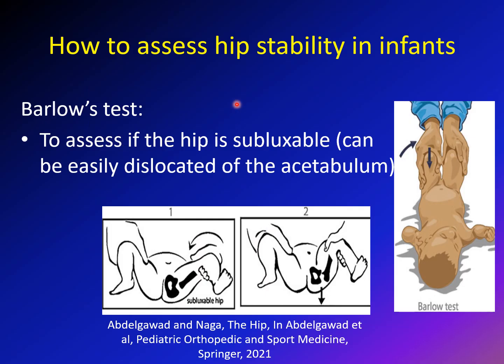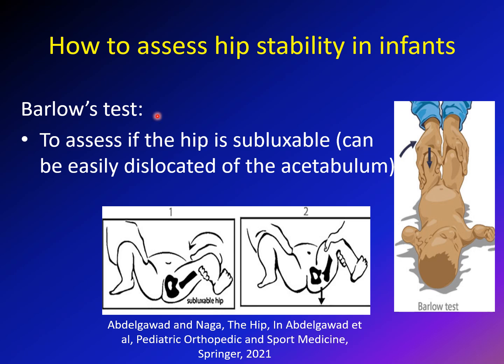Now, after we talked about Ortolani, let's talk about the Barlow test. As we said earlier, the Ortolani test is much more important than the Barlow test. The Ortolani test, the previous test, is to see if the hip is out. The Barlow test, on the other hand, is to assess if the hip joint is subluxable or not, meaning is this hip unstable and can I push it out of the socket or not.